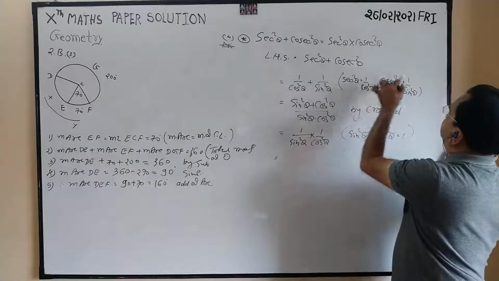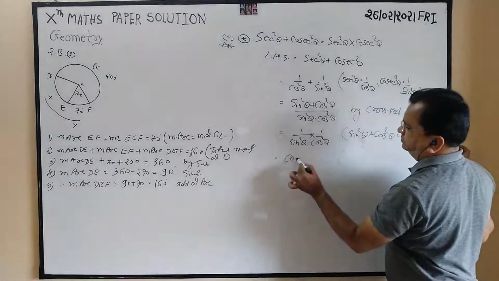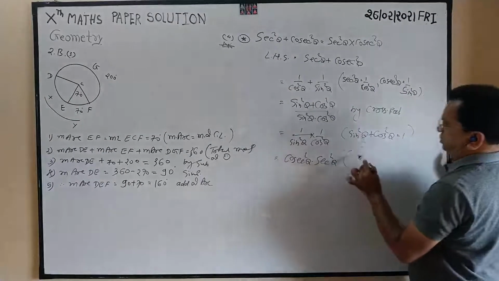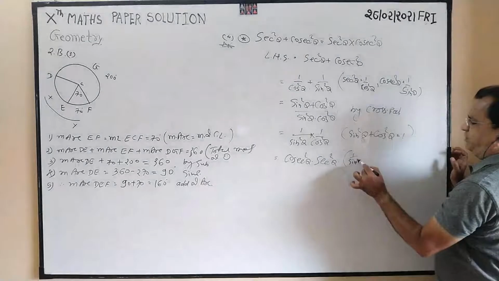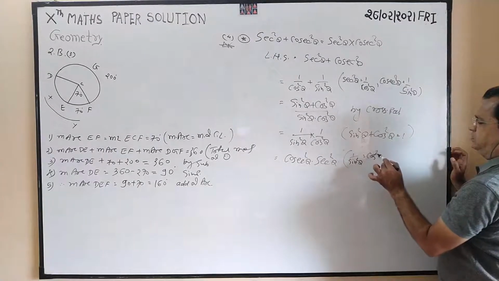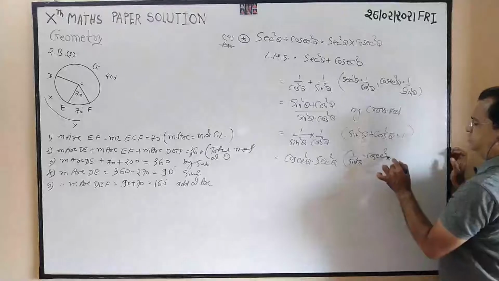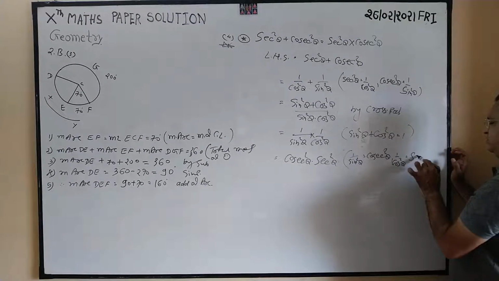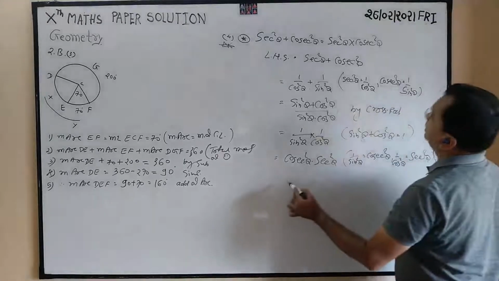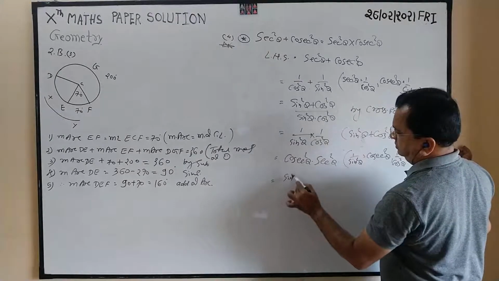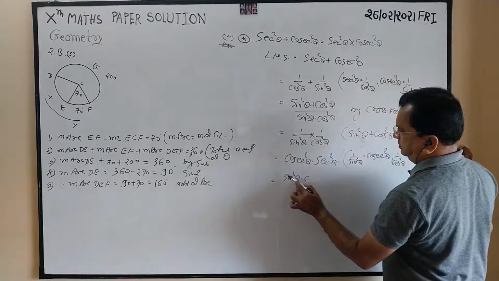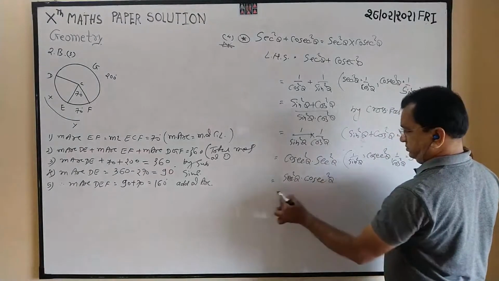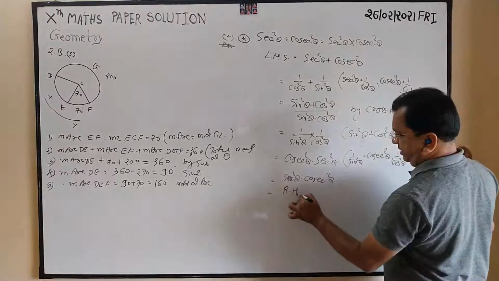Sin square theta plus cos square theta is equal to 1. And again 1 by sin square theta is equal to cosec square theta. So what I will write, 1 by sin square theta is equal to cosec square theta, and 1 by cos square theta is equal to sec square theta, and that is equal to right hand side.